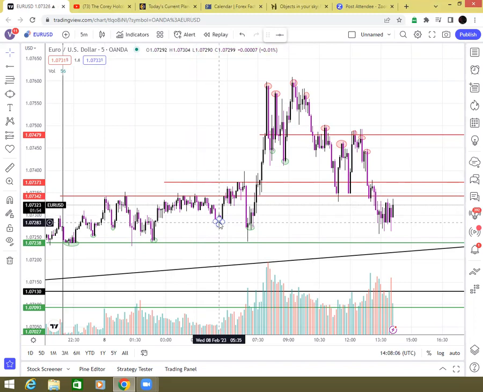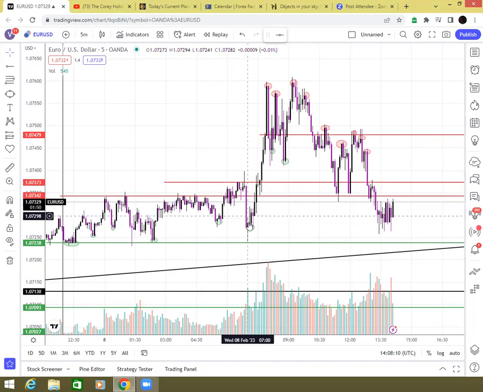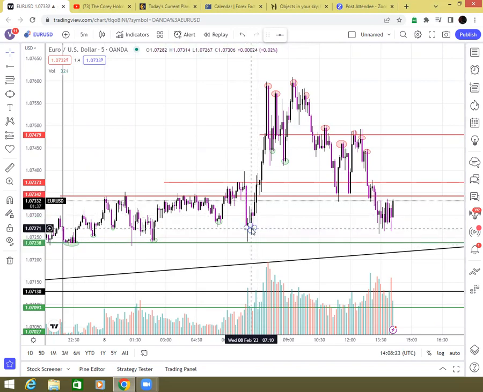Now we have another support area, bottomed out, come up, then we come back down, bottomed out. And this is what initiated the situation. This will initiate the uptrend, this bottom right here.